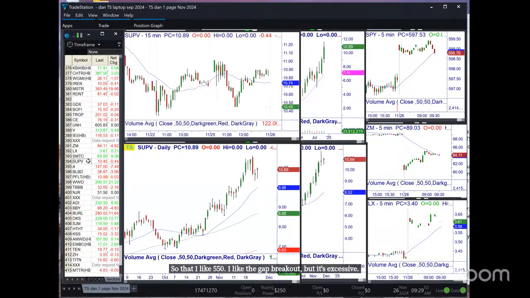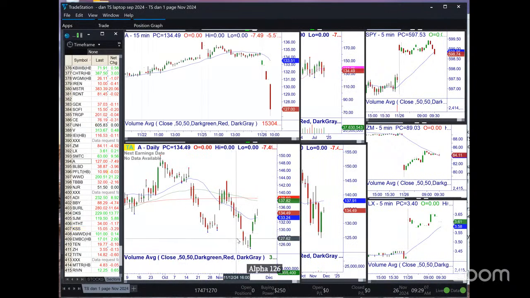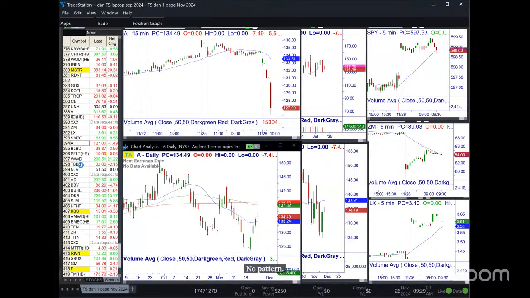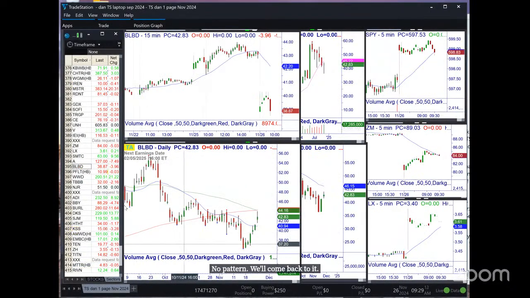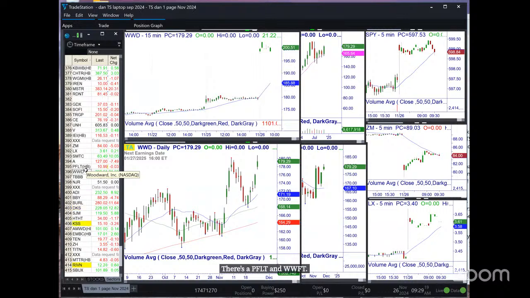Sub V, no pattern. Alpha 127, no pattern. We'll come back to it. Billboard, no pattern. There's that PFLT, WWD, gap in the 200, another call spread, 30-minute low idea.